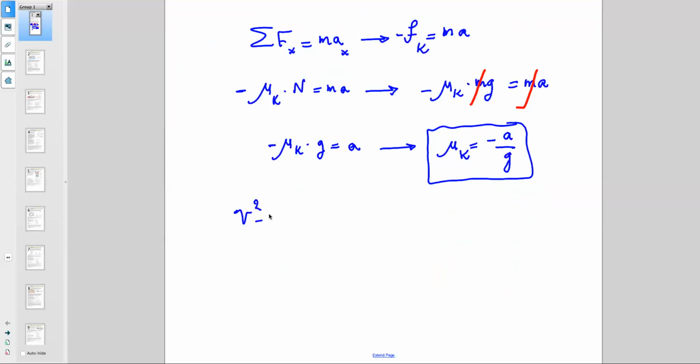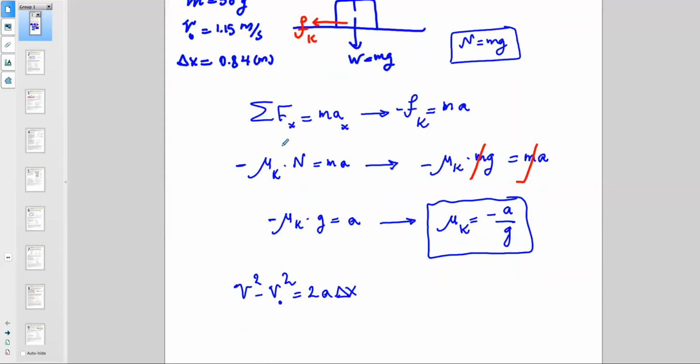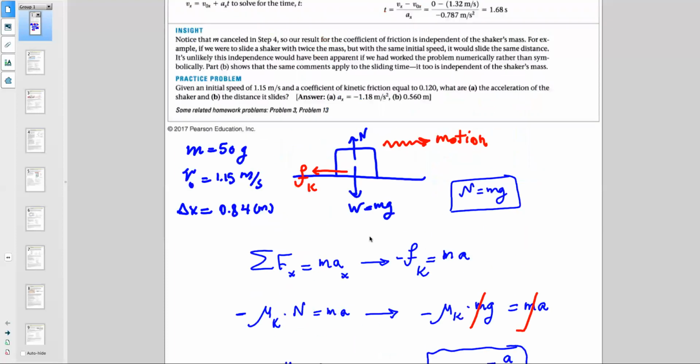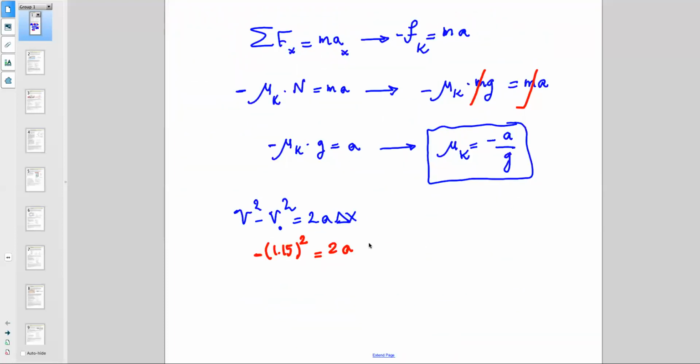So we have v squared minus v_0 squared equals 2a delta x. Initially it had a velocity of 1.15 meters per second, so I have 1.15 meters per second, squared. 2a delta x, where delta x is the displacement, which is 0.84. And the final velocity is 0.